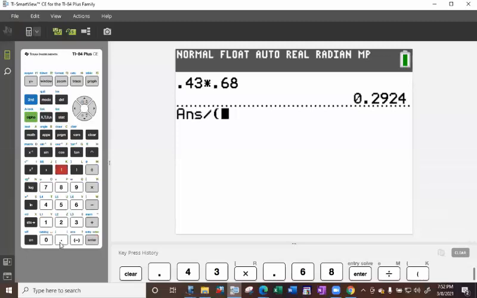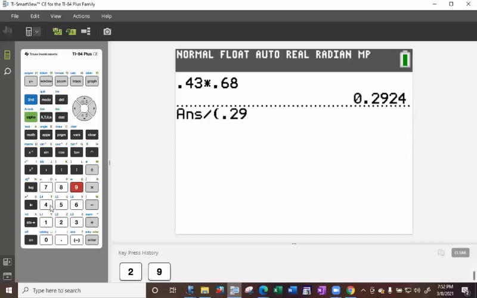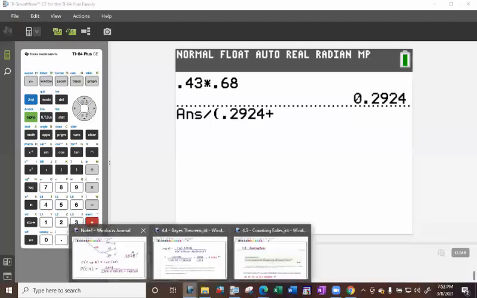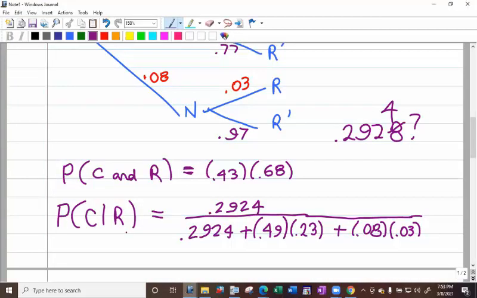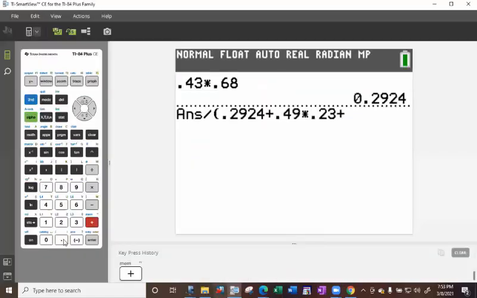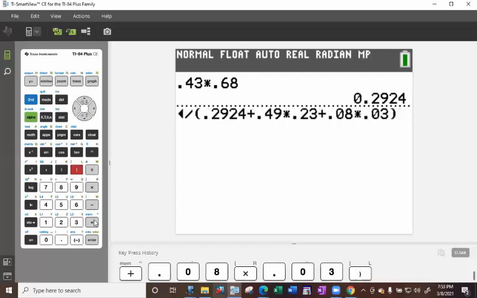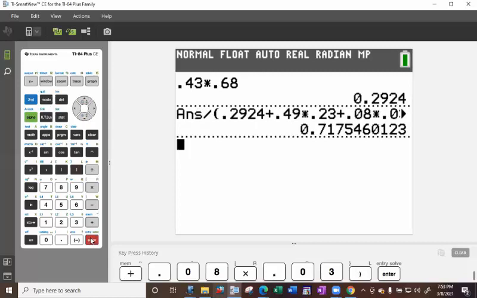I've got to use parentheses now. 0.2924 plus, I don't need parentheses here, 4923 plus, is it 0803? Yep. Let's try 718.